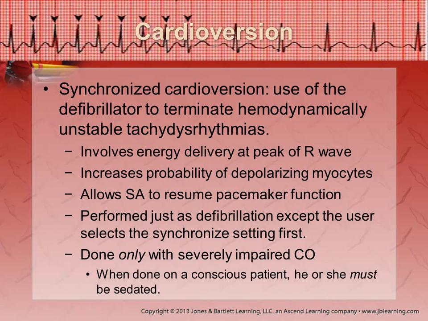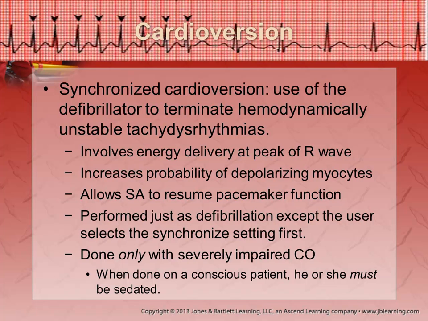Unsynchronized cardioversion is just the fancy word for defibrillation, all right? It has no discretion of when it shoots the cardiac electrical activity. The electrical shock through the heart, it just shocks the heart, all right? So with your cardioversion, energy delivery at the peak of the R wave increases the probability of depolarizing the myocytes.